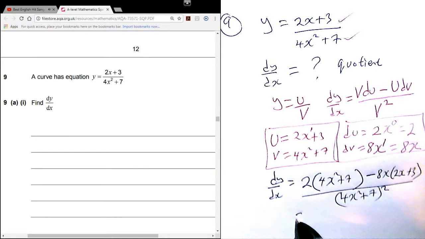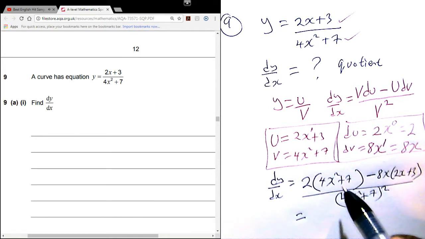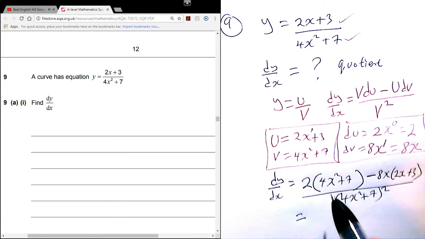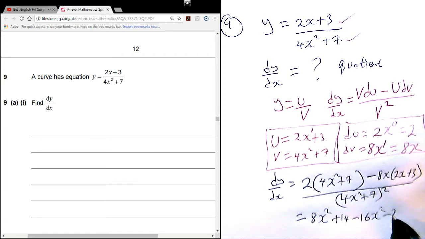Now we can finish this up by expanding the top brackets. So we have 2 times 4x squared. And I'm sure most of you are familiar with how to expand, so I shouldn't be talking too much about that. I'll just do it.